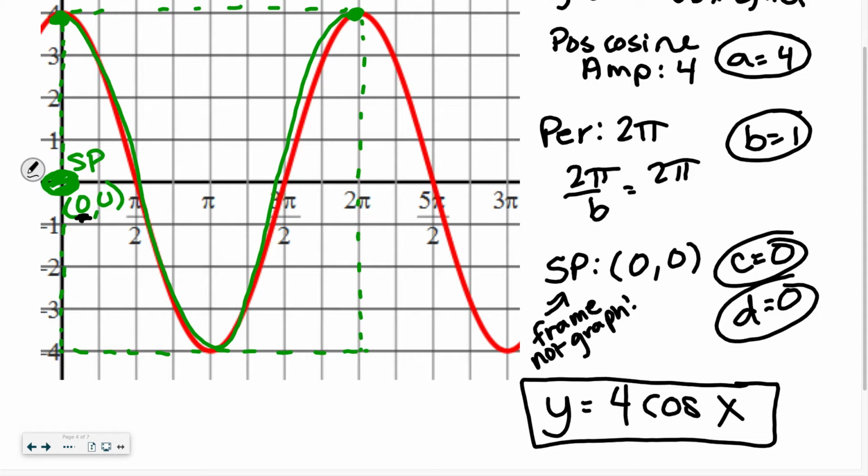It has the same period as the parent function, so there's no horizontal stretch or shrink. It has the same starting point for the frame as the parent function, 0, 0, so there's been no horizontal or vertical shifts. We'll only have a vertical stretch by 4.